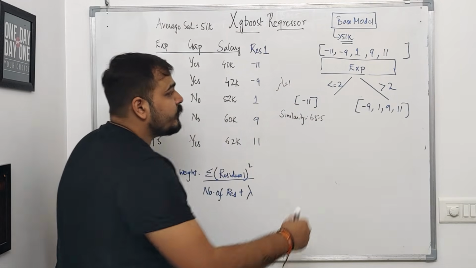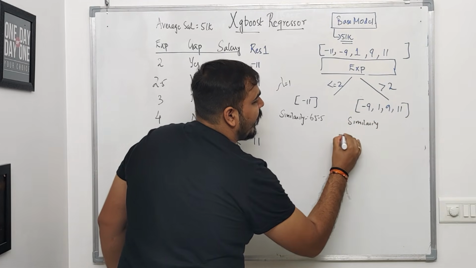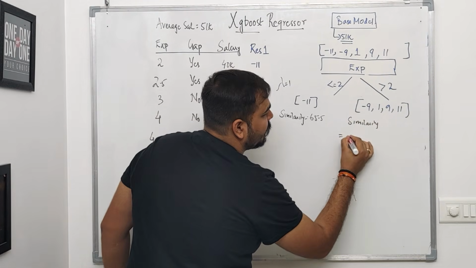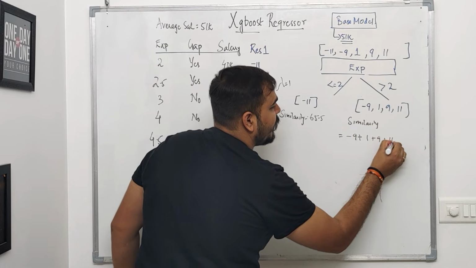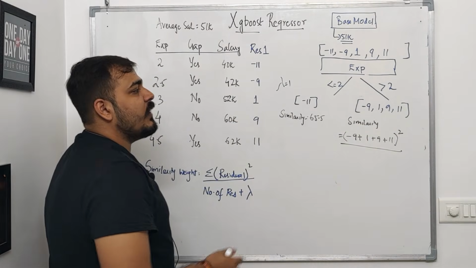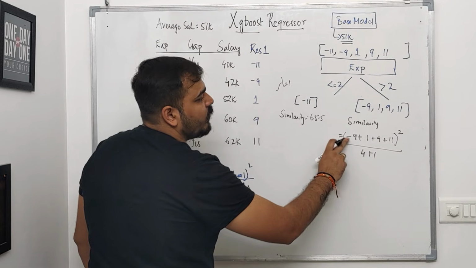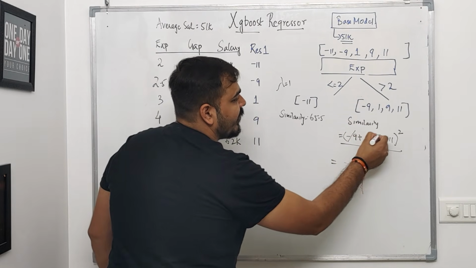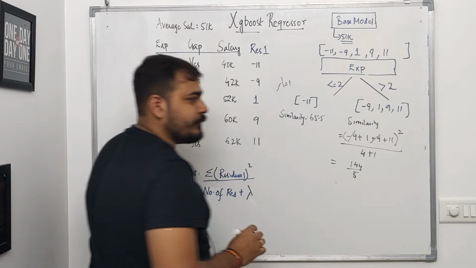Now similarly, I will calculate the similarity weight for this. I will take all the residuals, the summation of minus 9 plus 1 plus 9 plus 11, whole square, divided by how many numbers there are: 4, plus 1. Now if I compute this, this 9 and this 9 will get cancelled. 12 is nothing but 144, divided by 5.